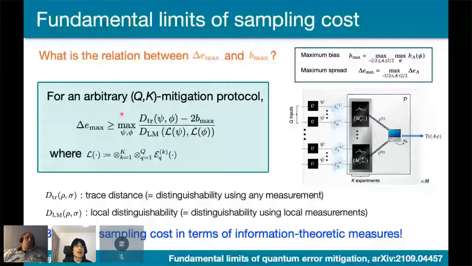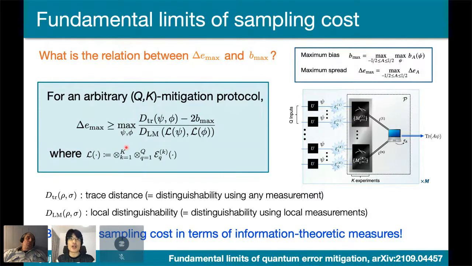Then this is our main result. We can get the following relation, where for an arbitrary error mitigation protocol, formalized in this picture, we will have this general inequality that serves as a lower bound for the maximum spread.